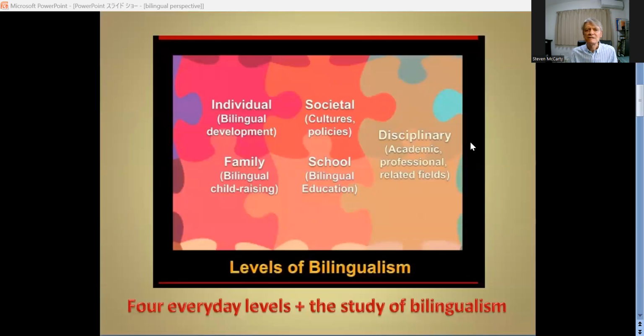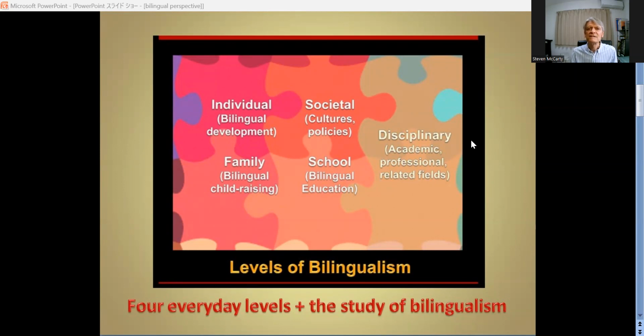Some of the other slides, like the levels of bilingualism, are something that I use in my bilingualism classes. It also helps to show the scope of bilingualism. On the individual level, it's the bilingual development of the person. The family level is bilingual child raising.